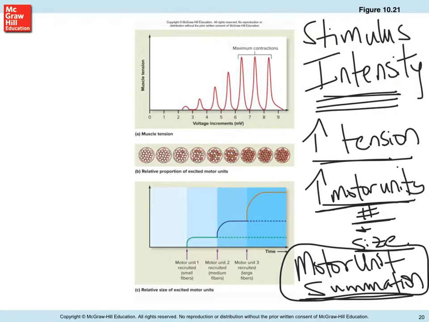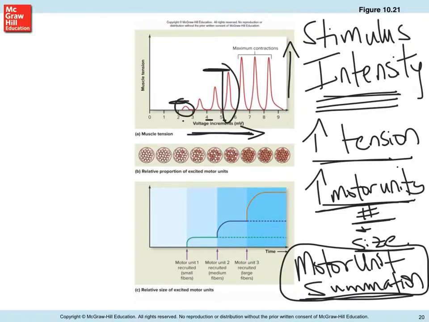On this graph, you can see that as you move along, you're having an increase in the voltage, so increasing the intensity, going from like 2.5 to 4 or 5, that sort of thing. As you increase the intensity, you can see there's a corresponding increase in the muscle tension. So low intensity, low muscle tension, higher intensity, higher muscle tension.